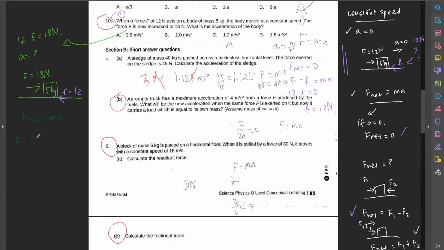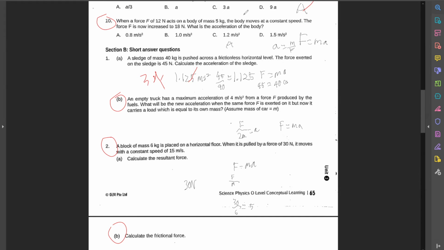So force minus force equals to mass times acceleration. So 18, the capital F, minus 12 is equals to 5 kilograms times acceleration. So 18 minus 12 is 6 equals to 5 acceleration. So acceleration equals to 6 divided by 5. So it's 1.2 meter per second squared. That is the explanation for question 10.